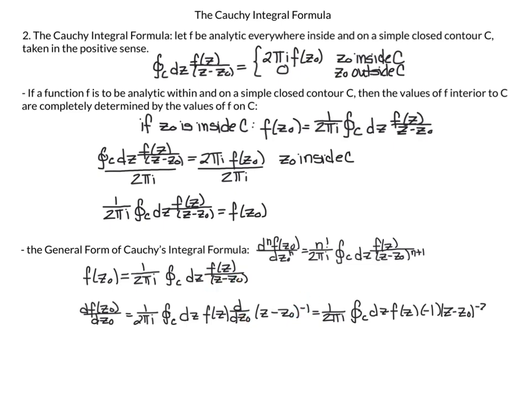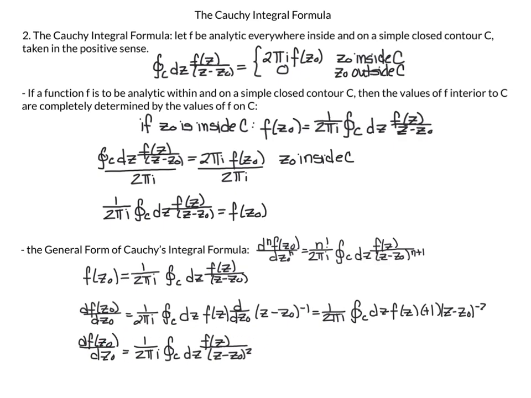So instead of putting it as a fraction, I wanted to raise it as a negative exponent. Then taking the derivative with respect to z naught, that means the negative 1 comes down, and I have to subtract from this exponent, so I have minus 2. Times the derivative of what's inside with respect to z naught gives me another negative 1. So that's going to give me a plus over here, which then gives me a final answer of df of z naught over dz naught is equal to 1 over 2 pi i integral over C dz f of z over z minus z naught squared.